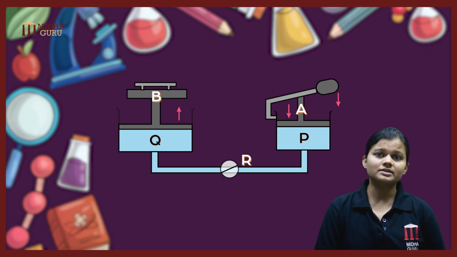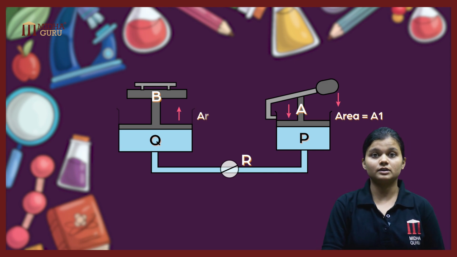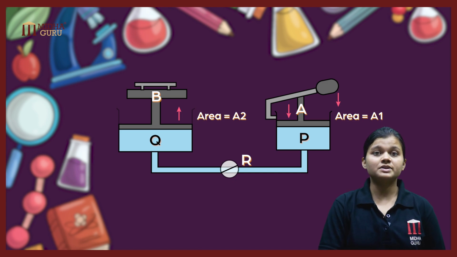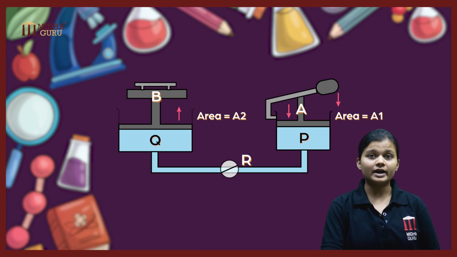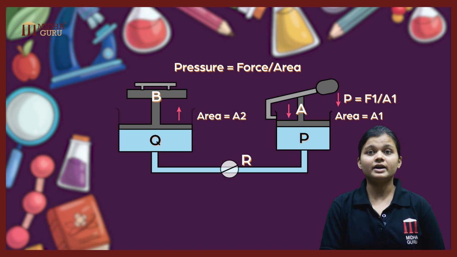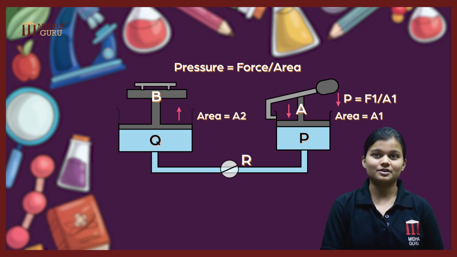Now let us consider the area of cross section of vessel P to be A1 and that of vessel Q to be A2. When a weight is placed on piston A, it exerts a force F1 on A, and we know that pressure is equal to force upon area. Therefore, the pressure on piston A is F1 by A1. Now here Pascal's law comes into action.